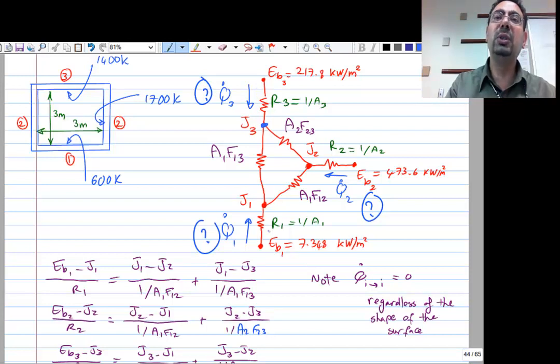So let's start with this point. That Q, which is EB1 minus J1 over R1, is going to be equal to this plus this: J1 minus J2 over whatever resistance they have, plus J1 minus J3 over the resistance between them. This is one equation in how many unknowns?